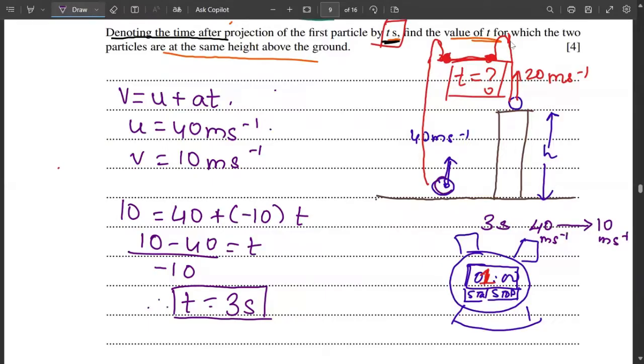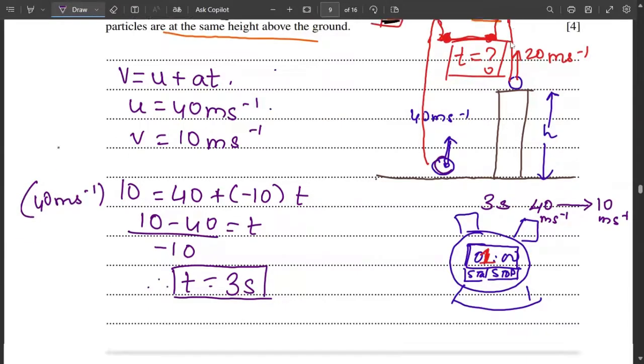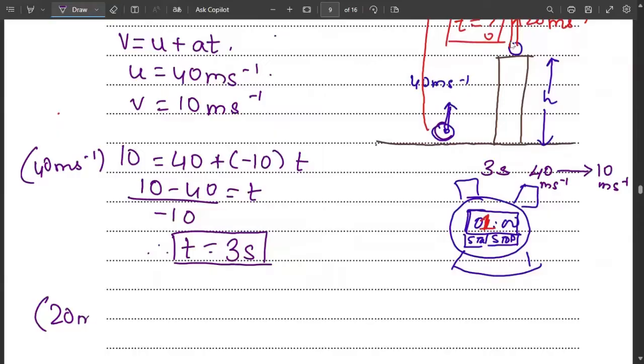Now, we talked about the 40 meter per second particle. Now let's talk about the 20 meter per second particle. How much time will it take for that particle to reach the same 10 meter per second velocity, where the only difference is that the initial velocity is 20 meter per second?